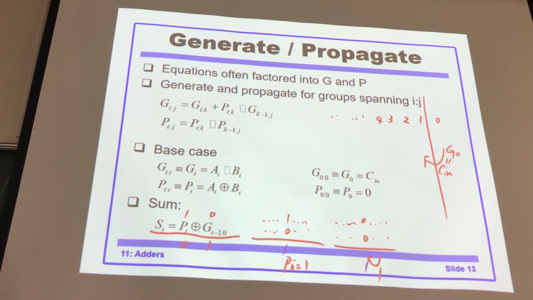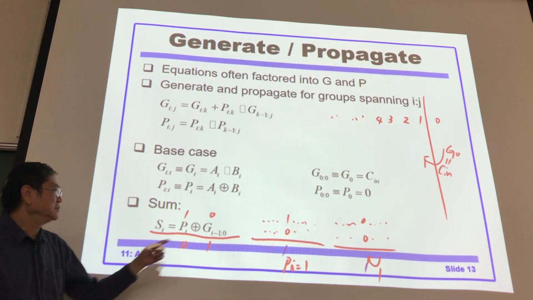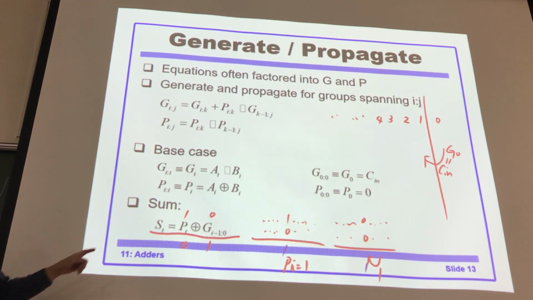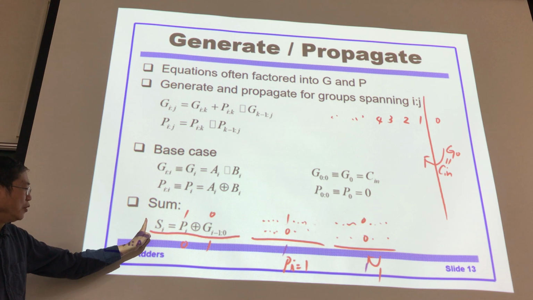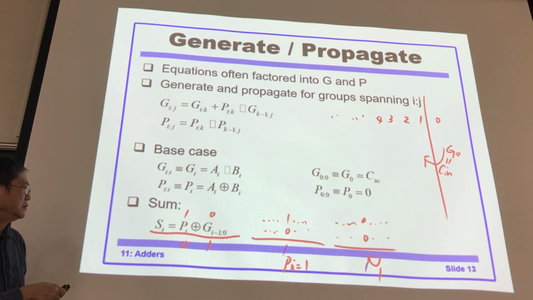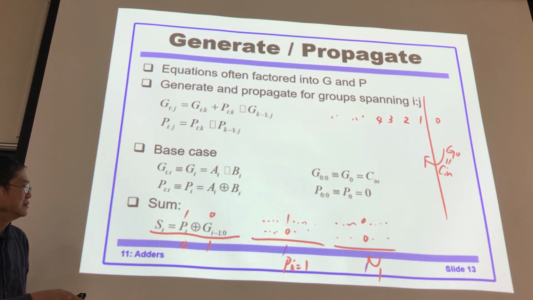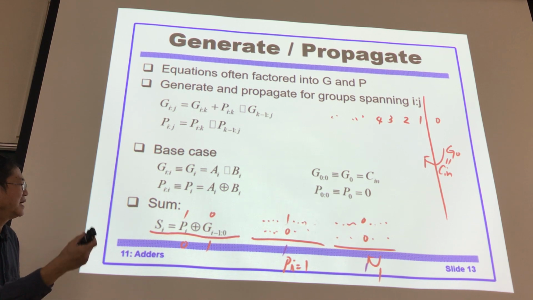Let me repeat it. This equation is true because Si will be 1 only if 1, 0 or 0, 1. What's the case for 1, 0? Because P propagate is 1 for 1, 0 or 0, 1, and there's no carry in from your right hand side.